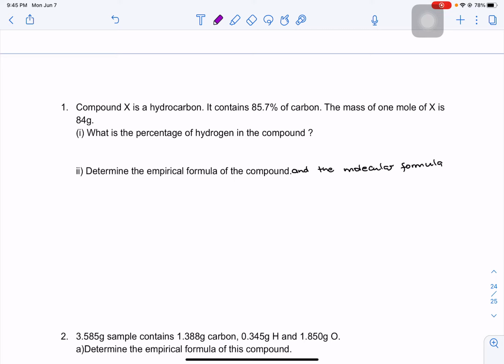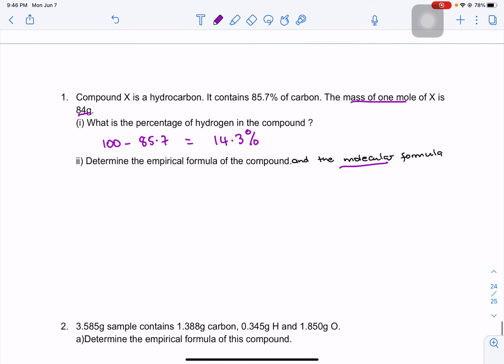So what's the percentage of hydrogen in the compound? This one is simply 100 minus 85.7, which gives us 14.3%. So 14.3% is hydrogen.